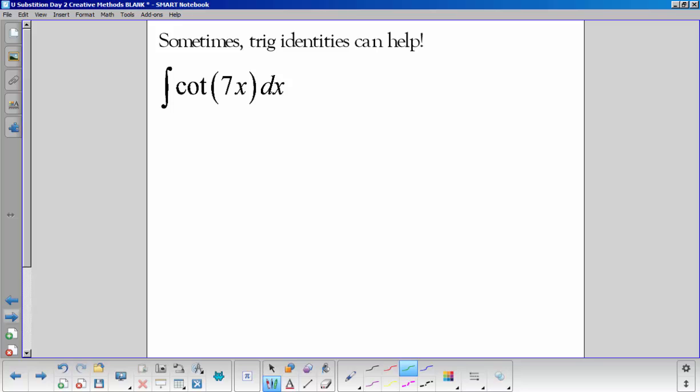Sometimes trig identities can help because cotangent doesn't have a straight up antiderivative. It's not one we know. So we can change the cotangent into its sine and cosine component parts, right? What is cotangent? Cosine of 7x over sine of 7x dx.